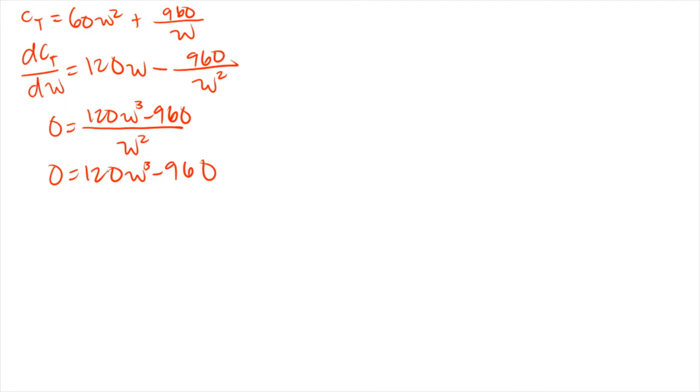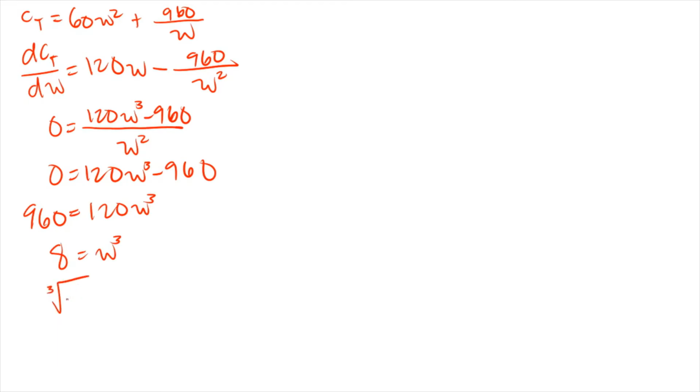If we transpose 960 to the other side, so 960 equal to 120 W cubed. We can divide both sides by 120 so that we get 960 over 120, that's 8, right? Equal to W cubed. Let's rearrange this first.